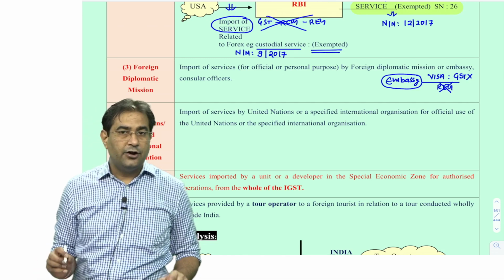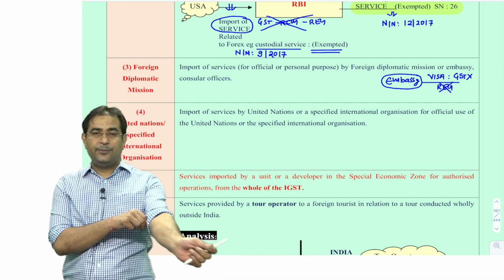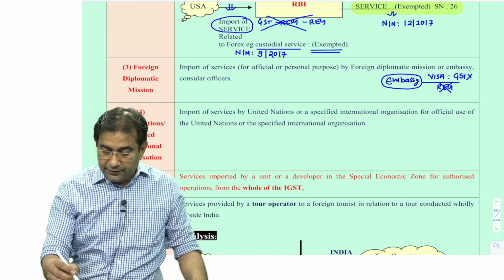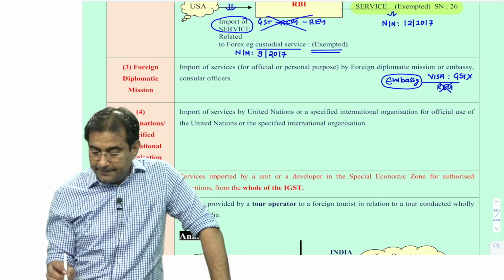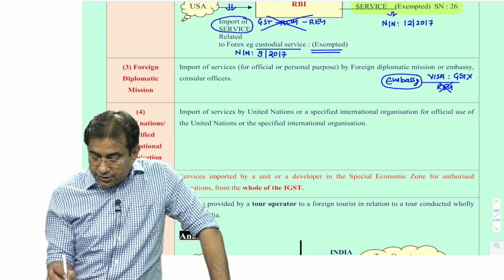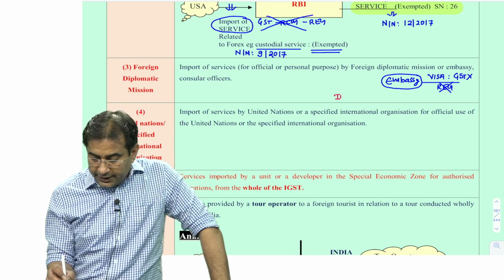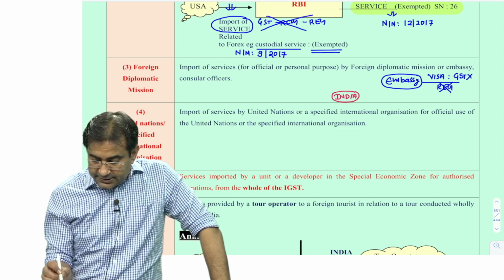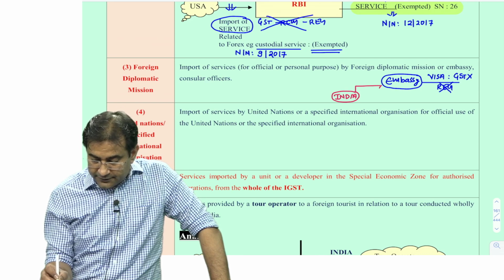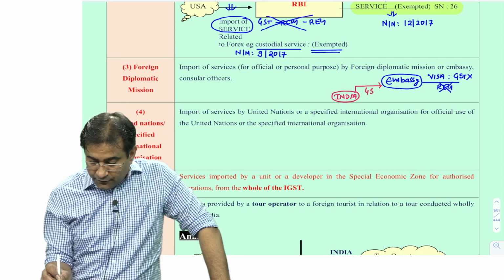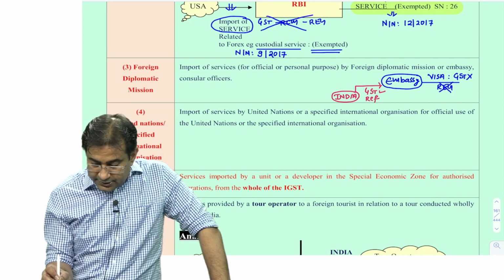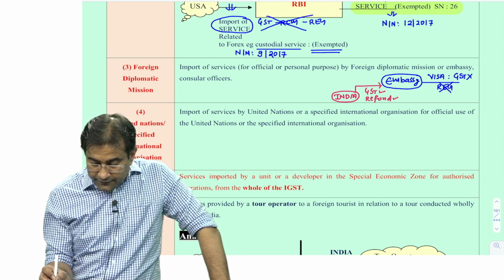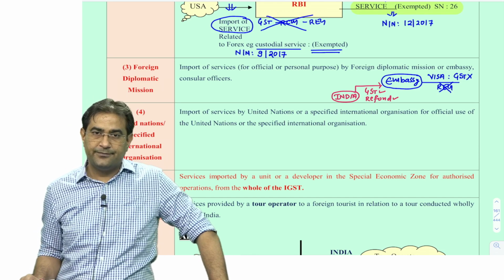But my dear, one of the other important provisions linked with the embassy is, suppose from Delhi or from even within India, if the embassy takes any kind of services, such a transaction would first be liable to GST, and later on the embassy will claim refund of the GST amount.